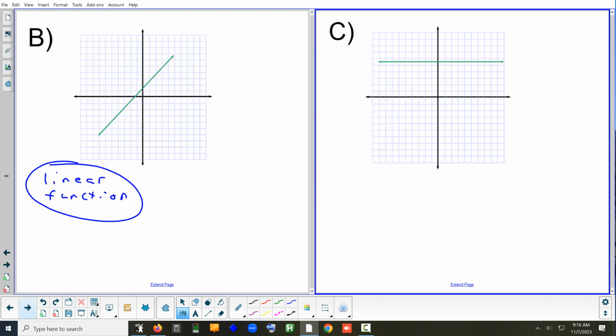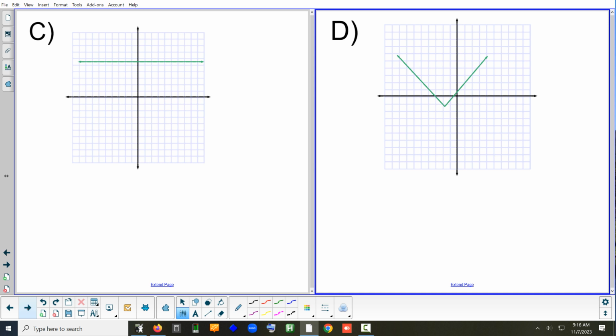Right, let's try C and D. So here's two more graphs, and I want you to tell me if these are linear or non-linear functions. Okay, so same directions. All right, so let's take a look at C and D. Eli, what'd you get for C?